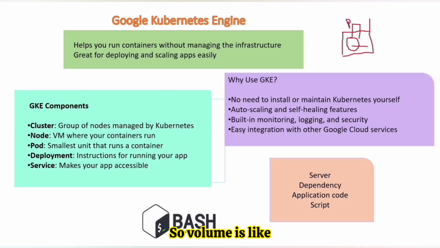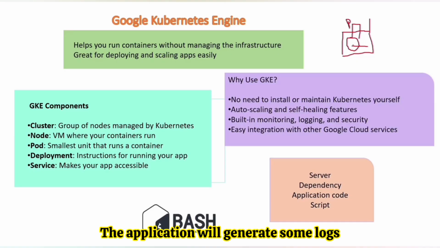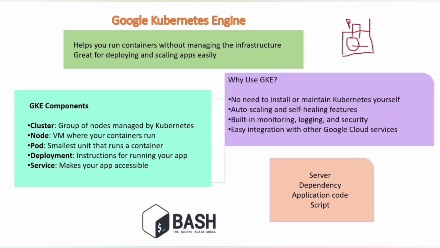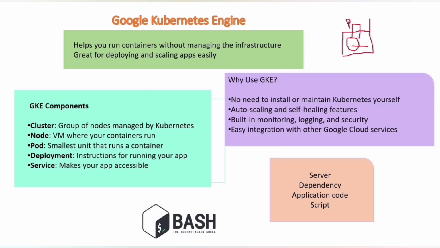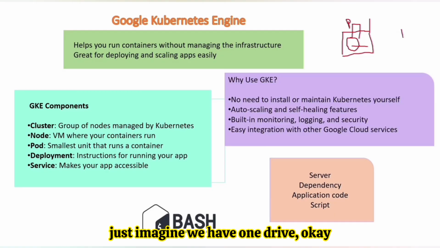So a volume is like, in our container, our application is running, right? The application will generate some logs. So the logs will be inside the container. When the container is destroyed or goes down, we are not able to take the logs after the container is destroyed. For that, just imagine we have one drive.